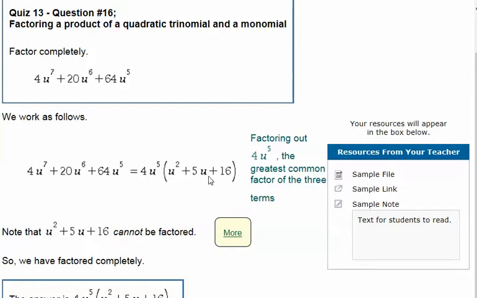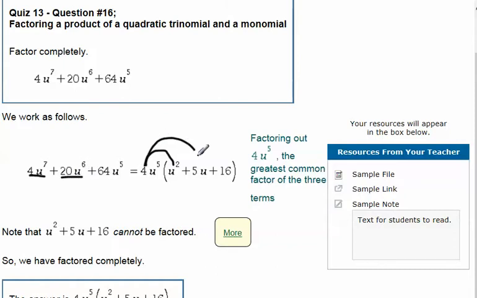Now what we put in the parentheses is, if this was the distributive property, which it actually is, what would we have to multiply 4u to the 5th by to get what we started with? And that would be u squared. Now we're going to take 4u to the 5th times something to get 20u to the 6th.